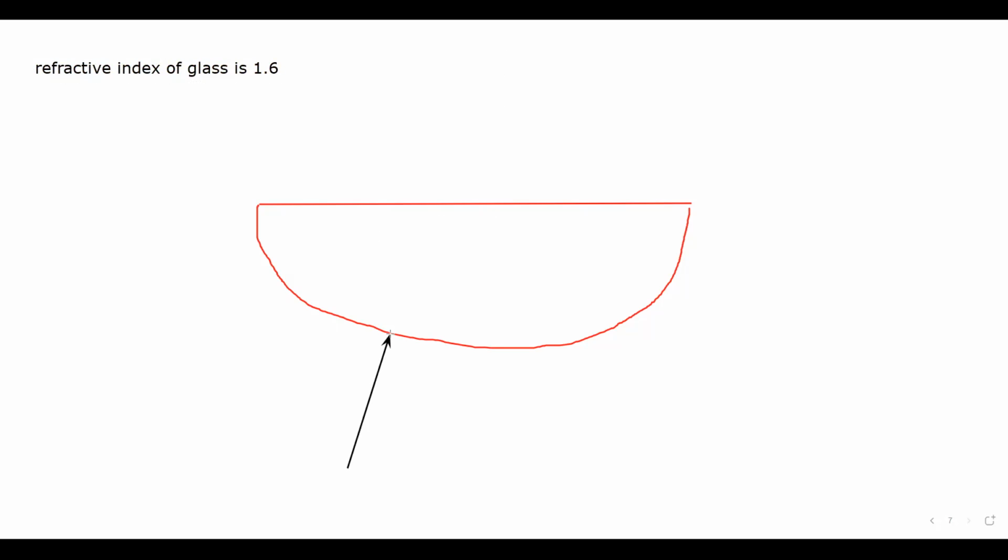First, when it moves from air to glass, because it is exactly perpendicular, 90 degrees to the surface, so passing along the normal, it will pass straight without changing direction.